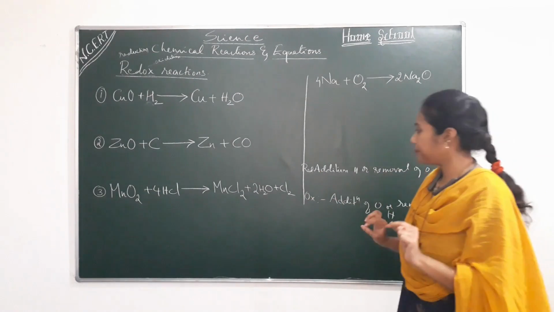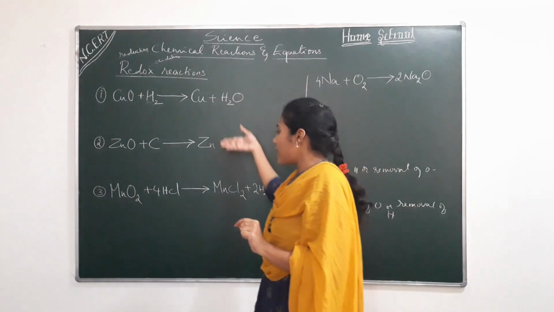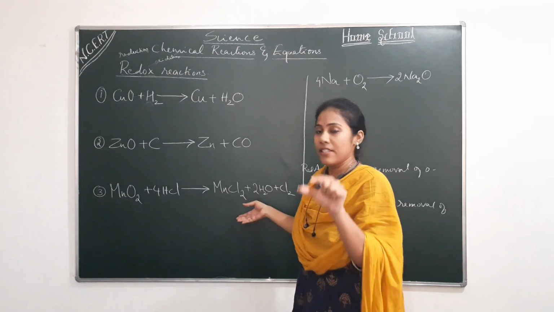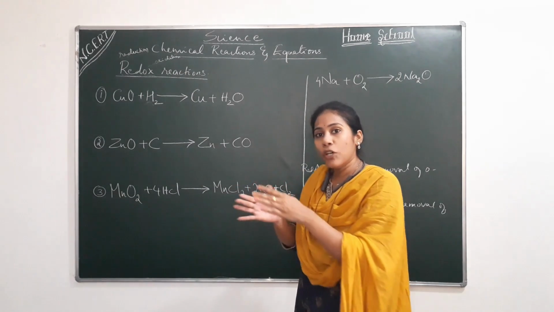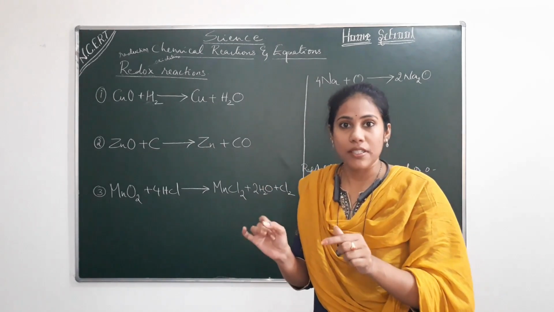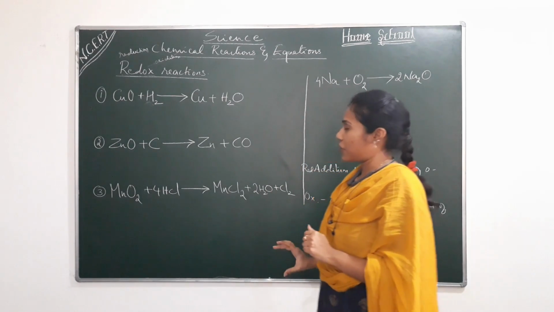Clear? Fine. And now I have listed a few redox reactions here. Now you all know redox in the sense you will observe both the oxidation process as well as the reduction process. Is it?